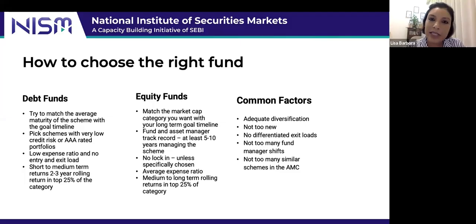And if capital safety is the idea, pick funds which have AAA rated portfolios, very high credit score, right? So you need funds which are high quality, and you need funds which are matched with your goal in terms of the average maturity.